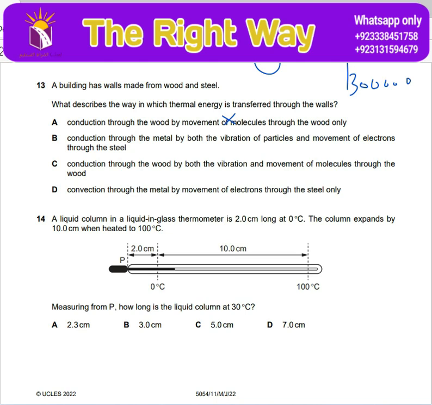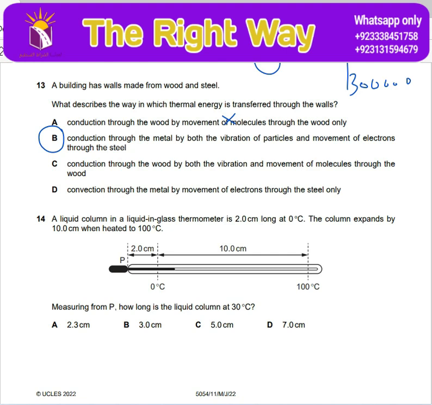Conduction through the metal by both the vibration of the particles and movement of electrons through the steel. As we know that in steel electrons can move, so conduction through the metal is by both vibration of the particles and movement of electrons through the steel.